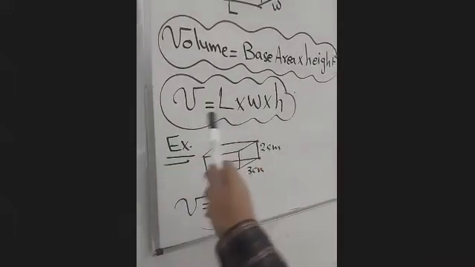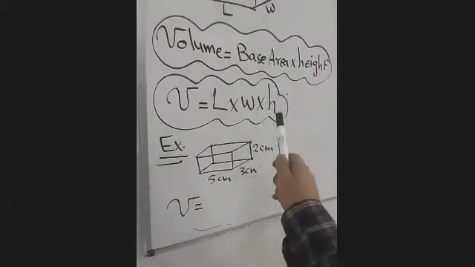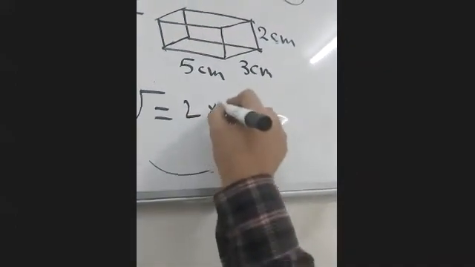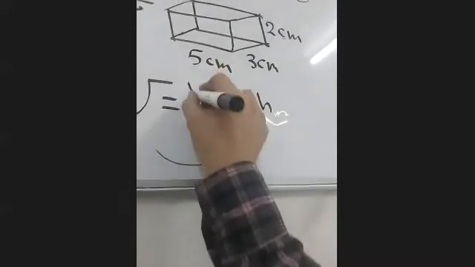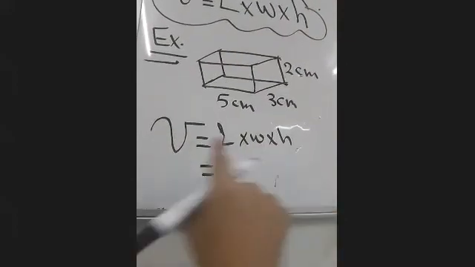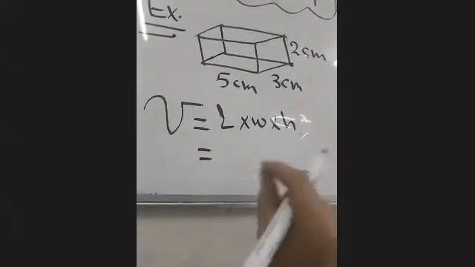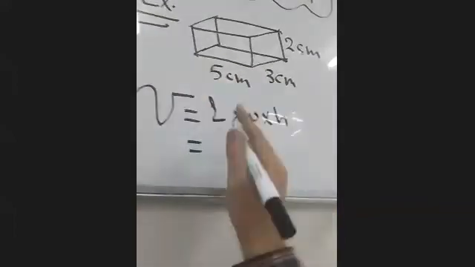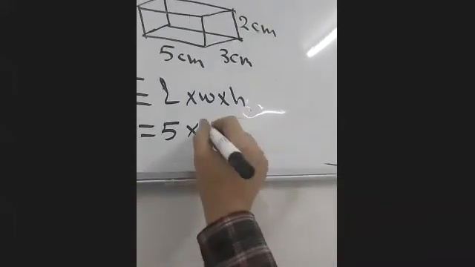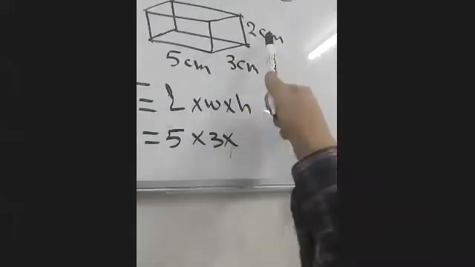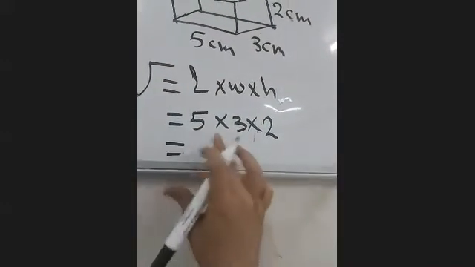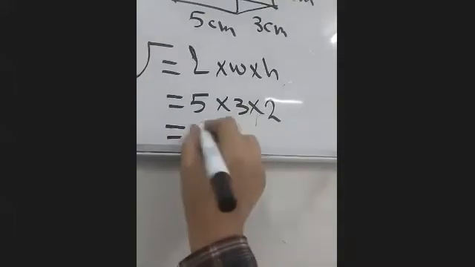We apply the formula: length multiplied by width multiplied by height. We write the formula, the first step, always. Now, the length is 5, multiplied by the width, which is 3, multiplied by the height, which is 2. Now multiply these 3 numbers: 5 by 3 is 15, multiplied by 2 is 30.